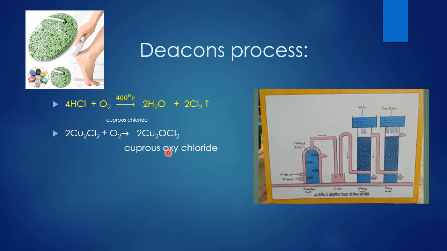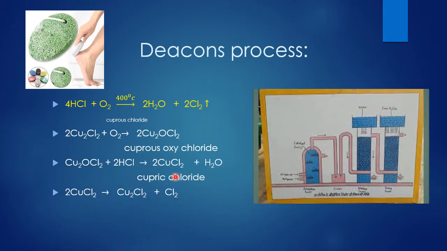First, we have taken hydrochloric acid and oxygen in the presence of the catalyst. The catalyst will combine with one of the reactants, that is oxygen gas. When it combines with oxygen gas, you get the product cuprous oxychloride. After this cuprous oxychloride is formed, it combines with the other reactant, hydrochloric acid, and the product cupric chloride is obtained.